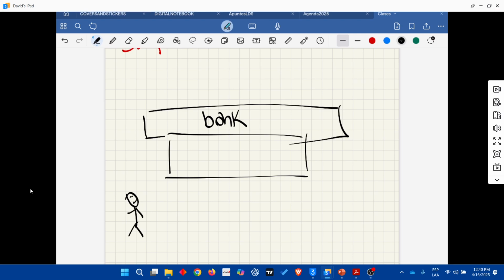Any bank, Bancolombia or whichever bank you want to go to do some transactions. Let's suppose those are windows and this is the door entry, okay? So when you go inside your bank, what is the purpose of a bank?